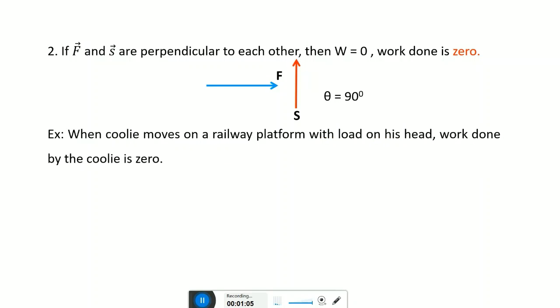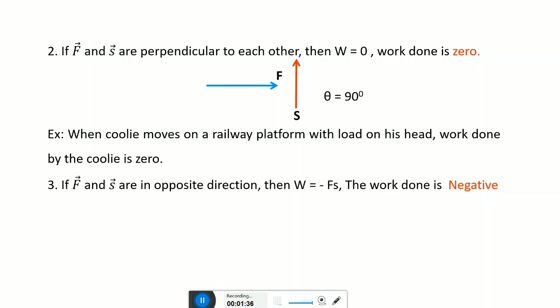The example is when a coolie moves on a railway platform with a load on his head, then work done by the coolie is 0. And another example is a person pushing the wall. At that time, the wall does not move, means work done is 0.